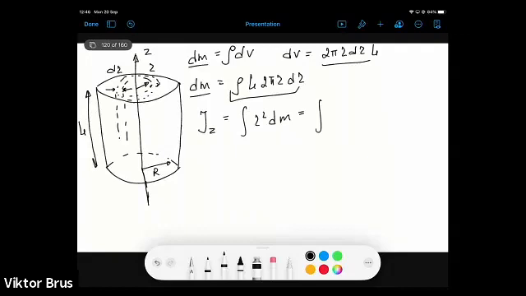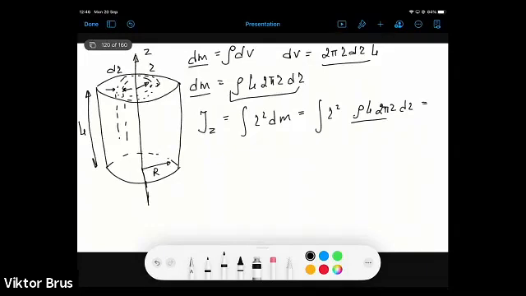It will be the integral of r squared times rho times L times 2 pi r times dr. This part is constant: rho, L, and 2 pi.